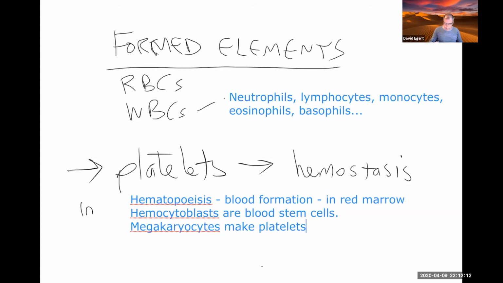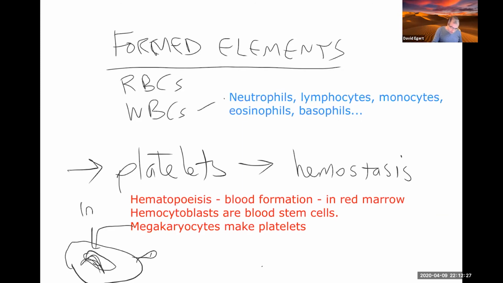So a megakaryocyte, it sounds like a huge nucleus, which is true. The megakaryocyte is this crazy cell, and it makes little vessel-bound bags of granules. So these are the platelets.